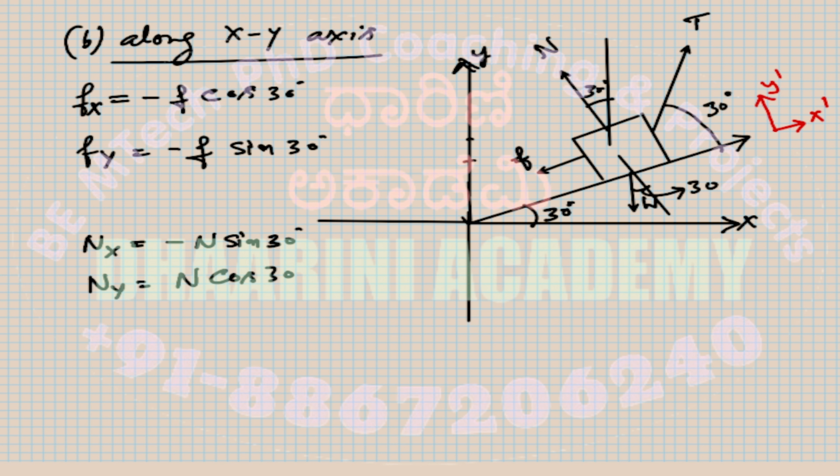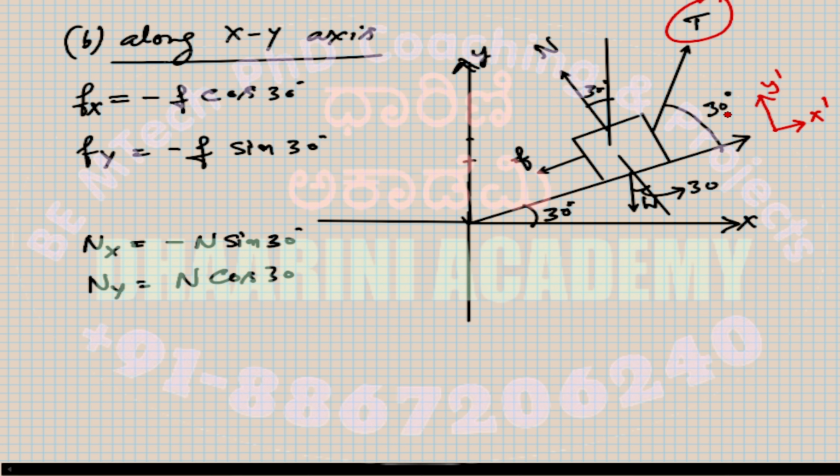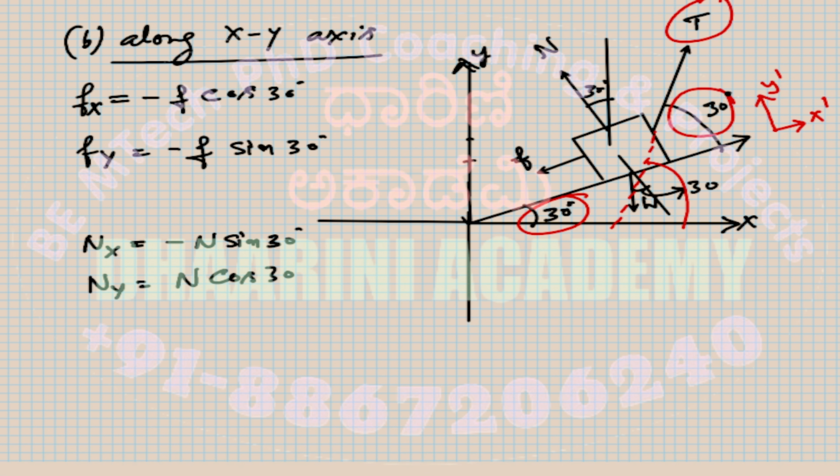You see, the T makes 30 degree with respect to x dash, and x dash makes 30 more degrees with respect to x. So if I want to measure this angle, this has to be 30 plus 30. So totally 60 degrees, right? So the T makes 60 degrees with respect to x axis.